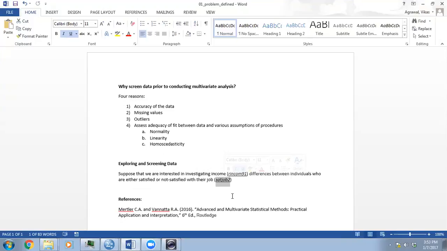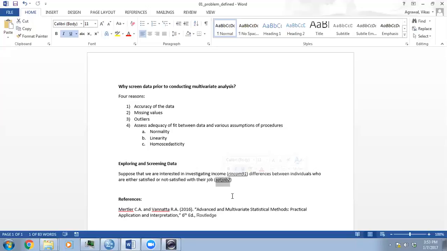Because if the split is highly uneven, like one category has 90% of the data and the other category has only 10% of the data, then it's not worth continuing with the analysis, and you should drop such a categorical variable, because the statistical analysis will not be accurate, and you might misinterpret the results. So that's something you have to keep in mind. So we're going to go ahead and start doing the analysis.